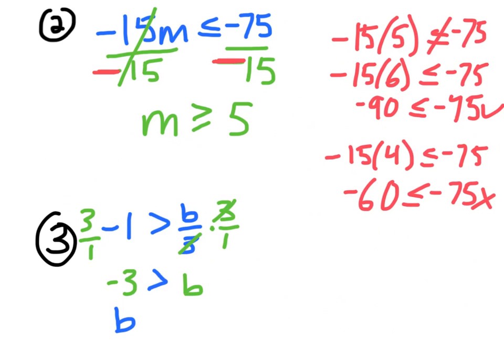So I have b is less than negative 3. Because before, I had my b with the smaller side, so my b is smaller than my negative 3. So I still want the smaller side of my inequality to be with my variable. I could, of course, check this and make sure that it's true, just like I did with the others.